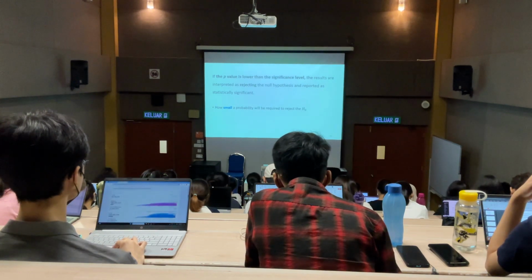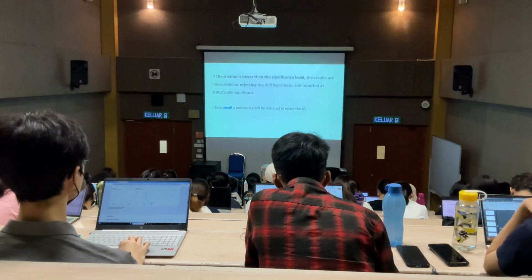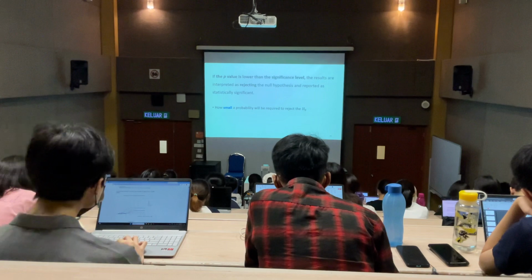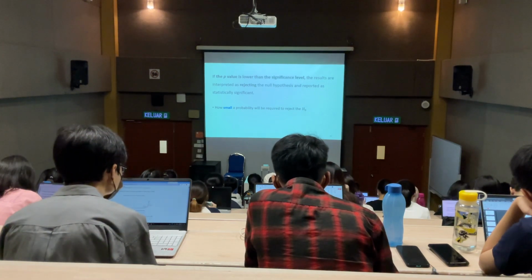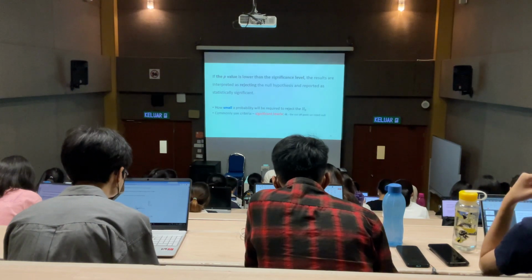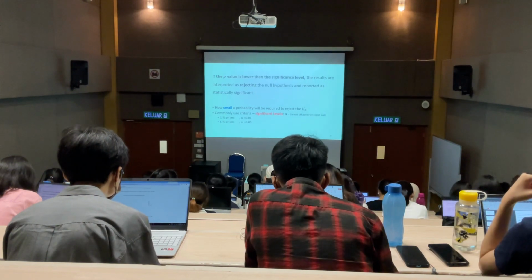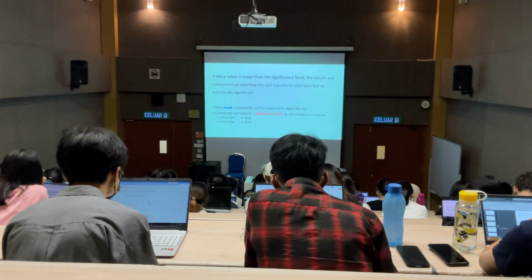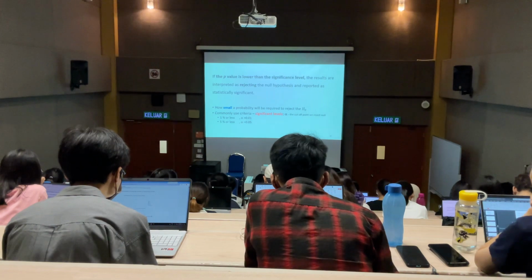But how low is considered low for your p-value? How small a probability will require you to reject your null hypothesis? Remember the alpha value, the critical value that we use in the calculation of the confidence interval.